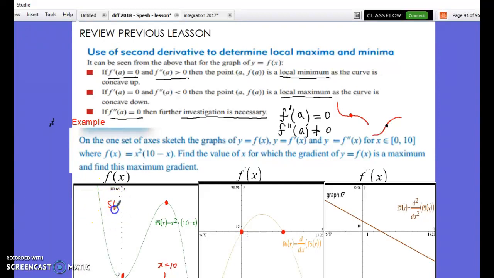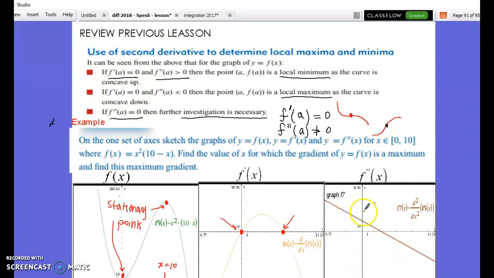Okay? Stationary points. That point there, that one down there, and they also are appearing here and there. Now you don't see stationary points on the second derivative anymore. There's no coinciding feature, for instance.